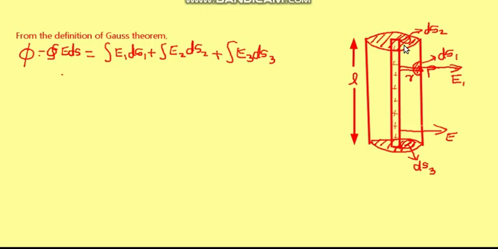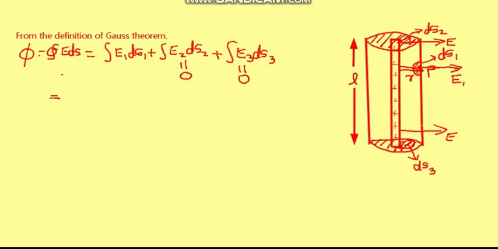That means there will not be any electric field lines passing normally through the surface dS2, or through the surface dS3. So there will not be any field lines normal to dS2 and dS3. That means what? The integrals E2 dS2 and E3 dS3 will be 0.